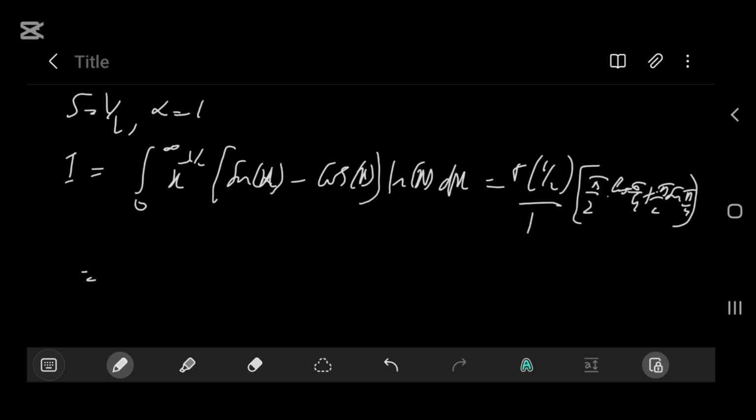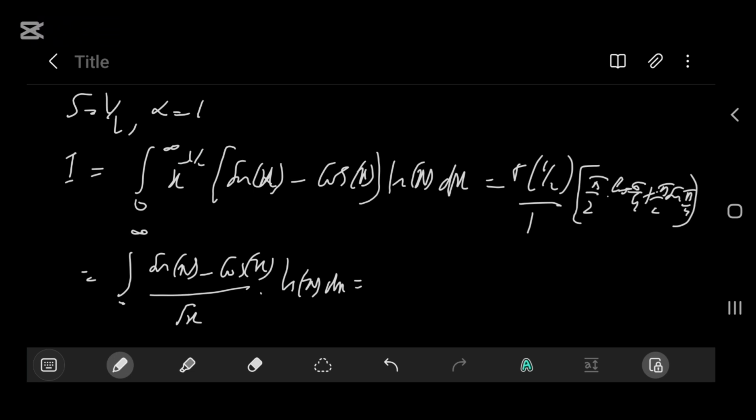Okay folks, so now we have our integral, the integral from 0 to infinity of (sine x minus cosine x) over root x times logarithm of x dx, which is equal to, since gamma half is just square root of pi, and inside we have 2 times pi over 2 root 2, which cancel each other out.